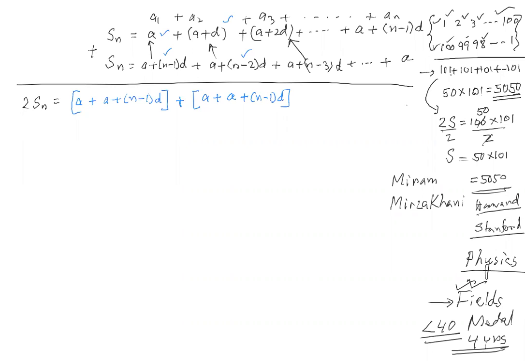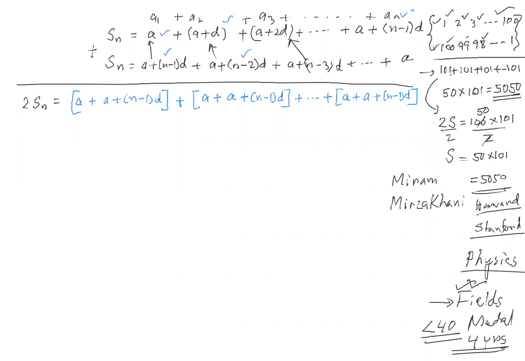And if you keep doing it, the last term will actually be the same: A plus n minus 1 times D. How many of them are there? n of them, right? Because you go up to A sub n.